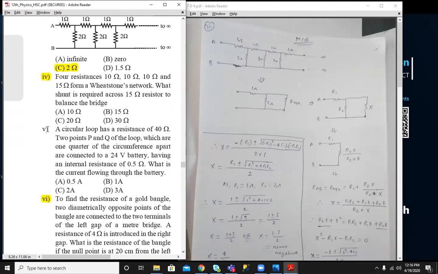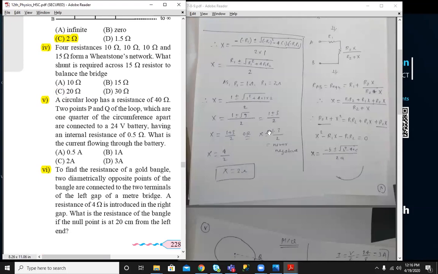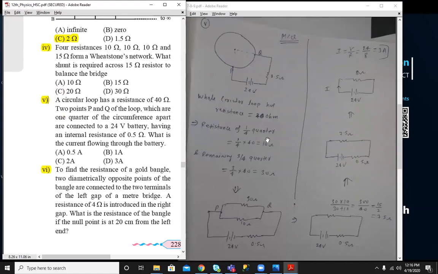We have another problem in MCQ question 5. These are the basic resistance problems, not related to this topic. These problems are like what we have seen, the series combination, parallel combination, so application oriented. What is question 5?